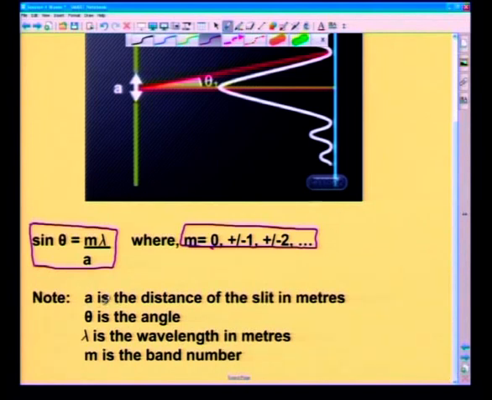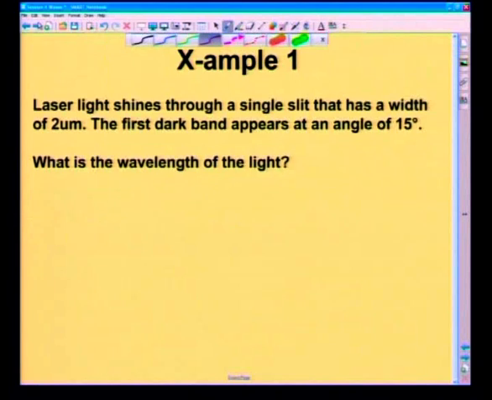We need to note that a is the size of the slit, and this must be in meters. So if we are given millimeters, we must convert. And theta is the angle, and lambda is the wavelength, as we know, in meters as well, and m is the band number, like I've explained.